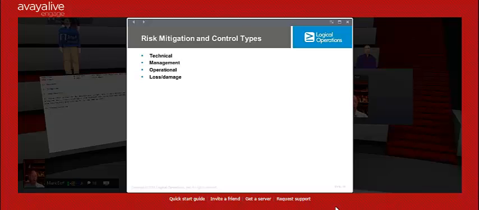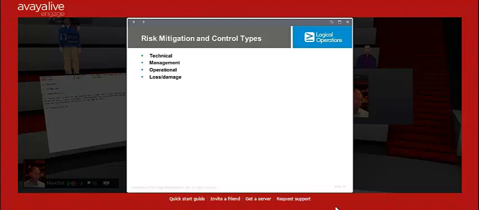Operational controls are your, let's say, day-to-day things like door locks, just normal everyday fire prevention techniques. Having a guard with a dog patrolling the perimeter. Those are operational controls. Then this new category has been added, these loss/damage controls, implemented to protect key assets from being damaged, reducing the chances of loss occurring, reducing the severity of a loss.